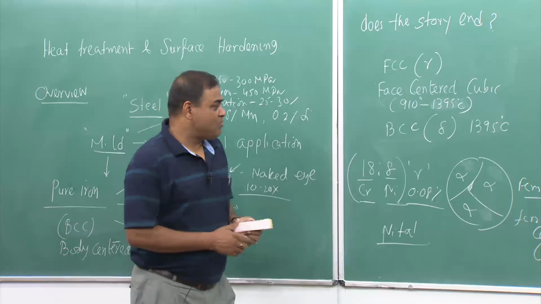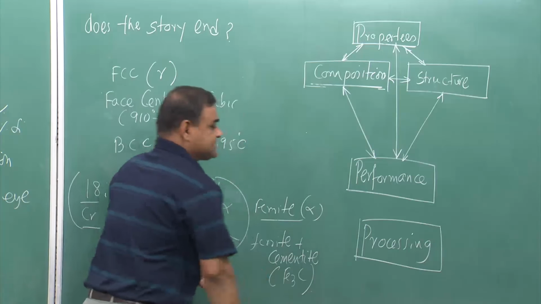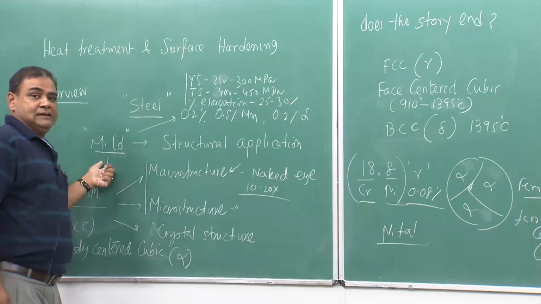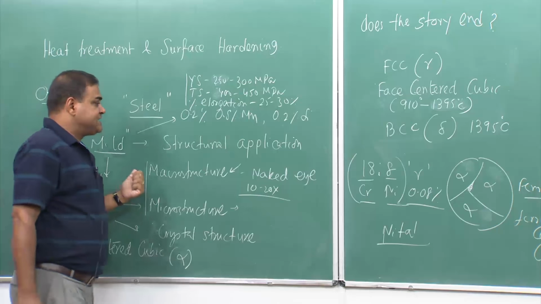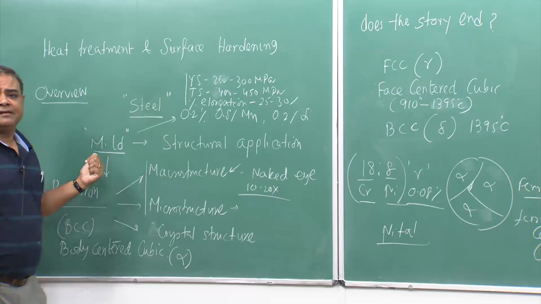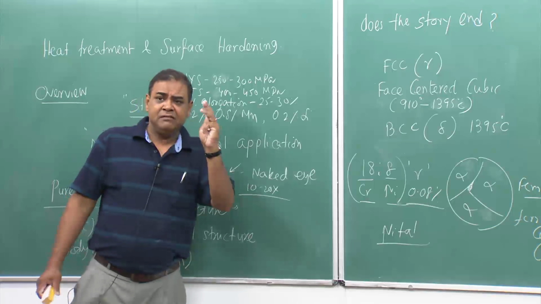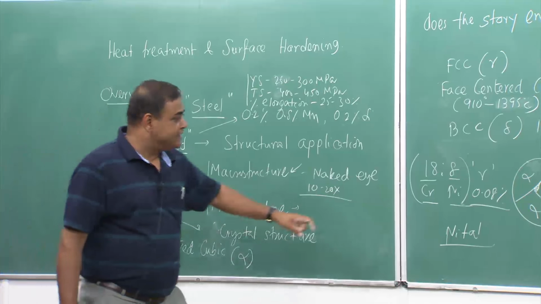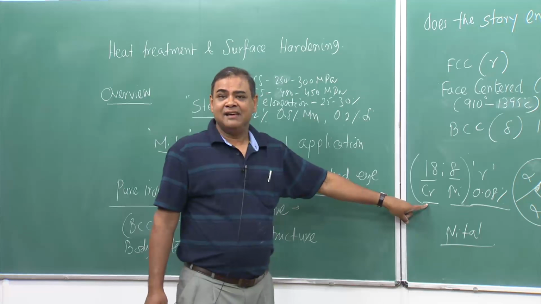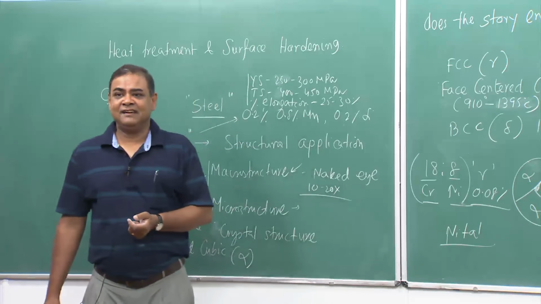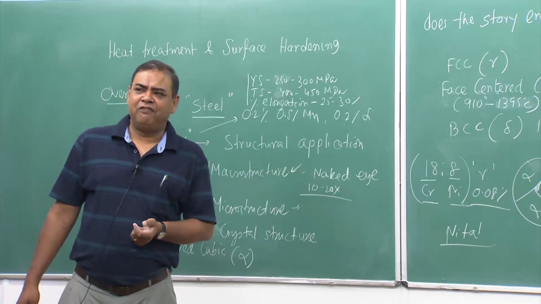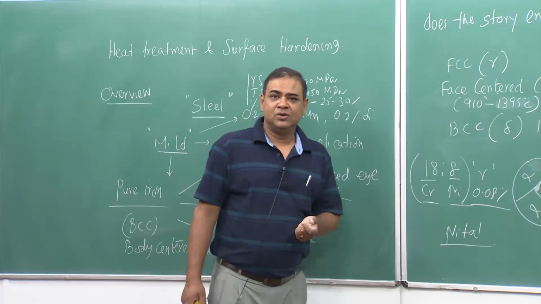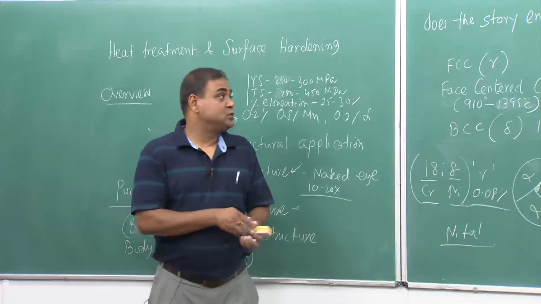Okay? Now, whenever we talk about processing, let us first talk about mild steel, and then we will have three examples: one in mild steel, one in stainless steel, and the other one is a very, very popular aerospace material which we call duralumin.